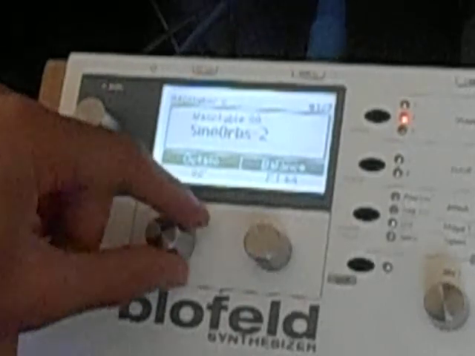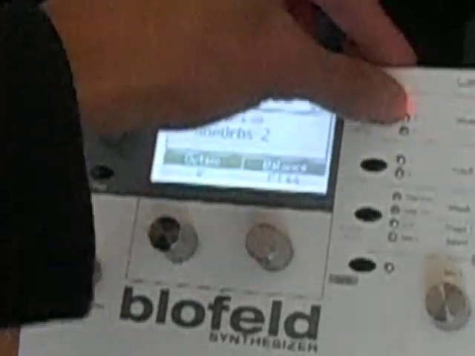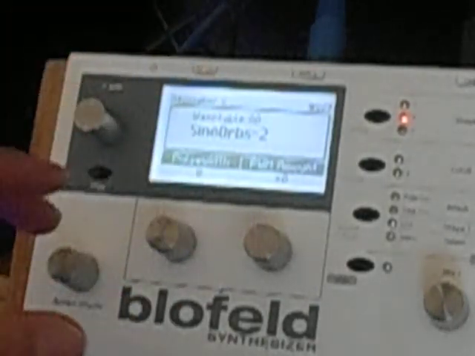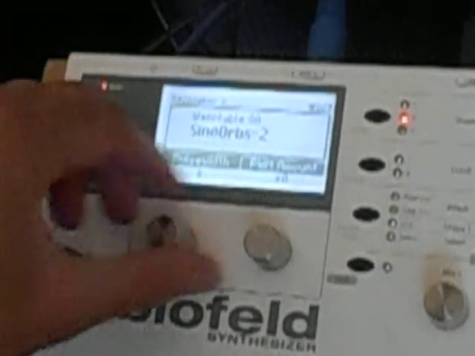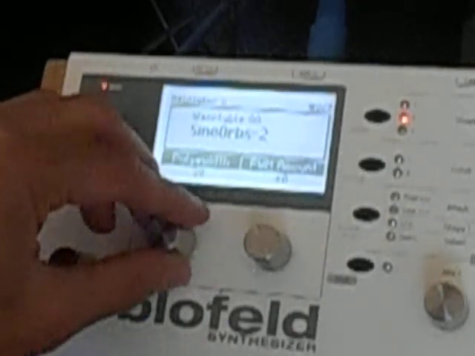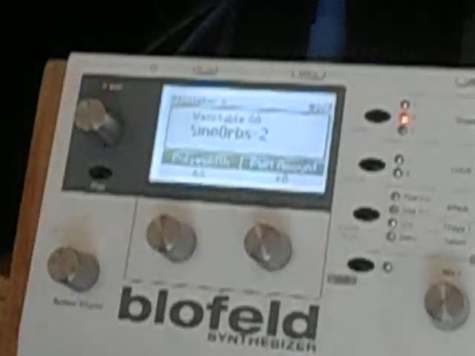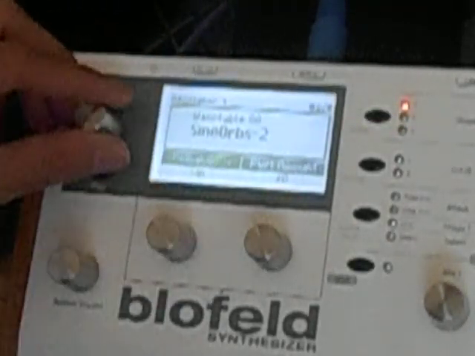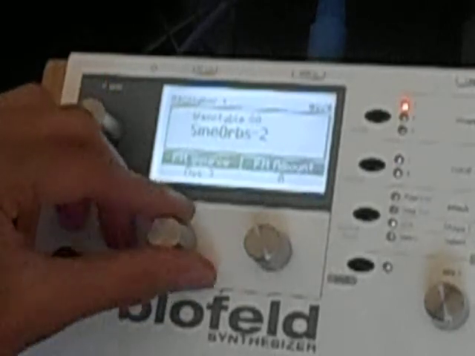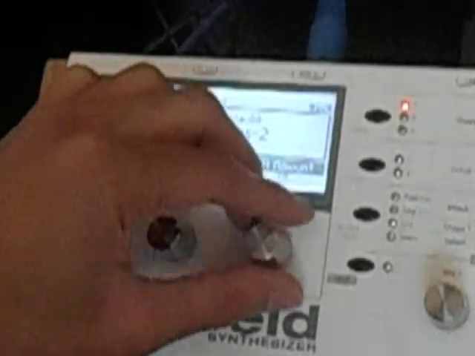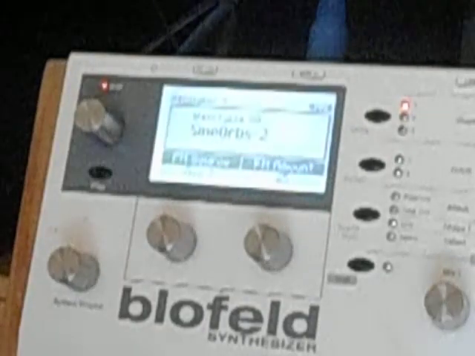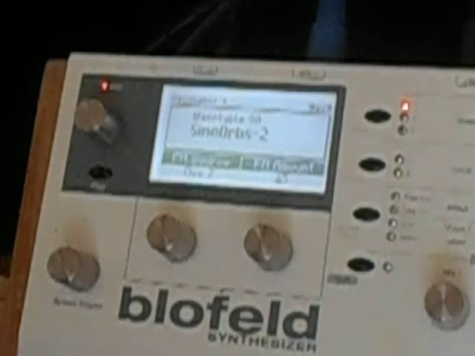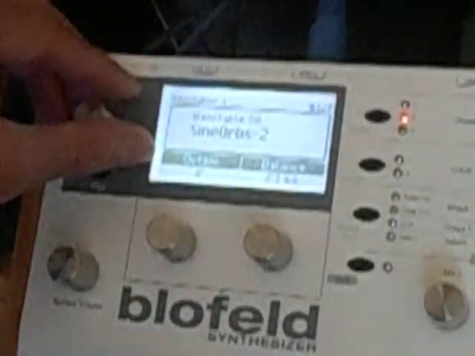Alright. Okay, now two cycle. Now when you FM it, it starts getting atrocious.